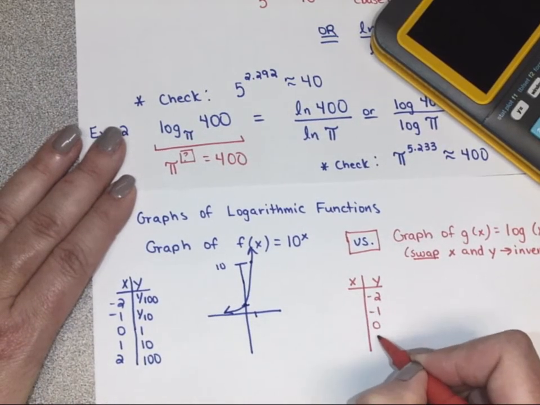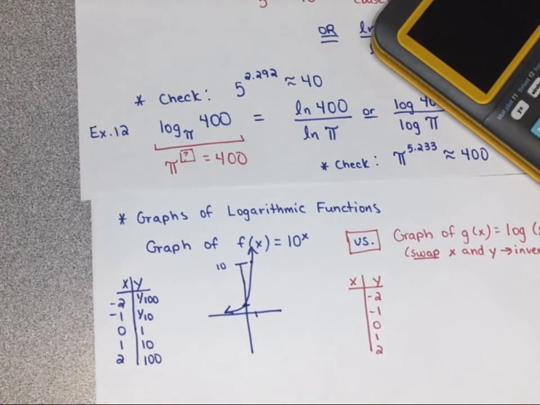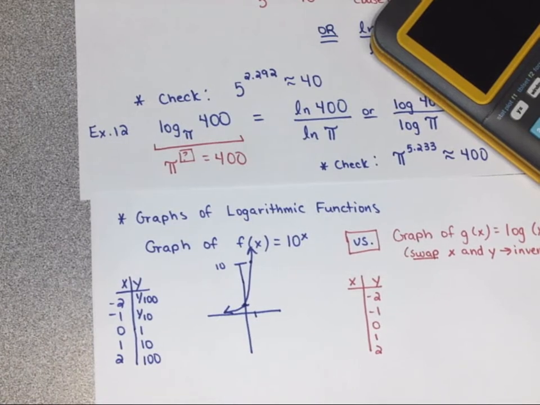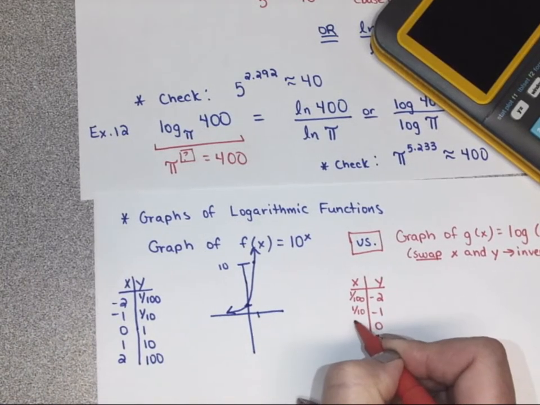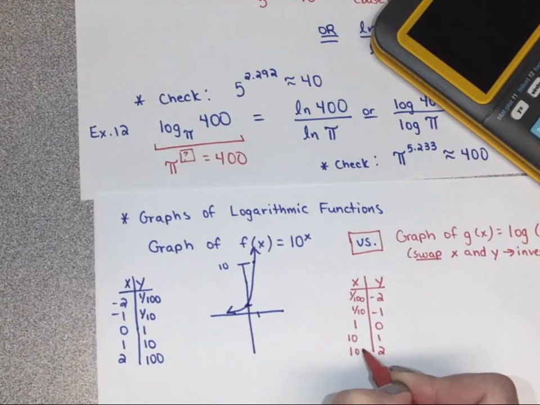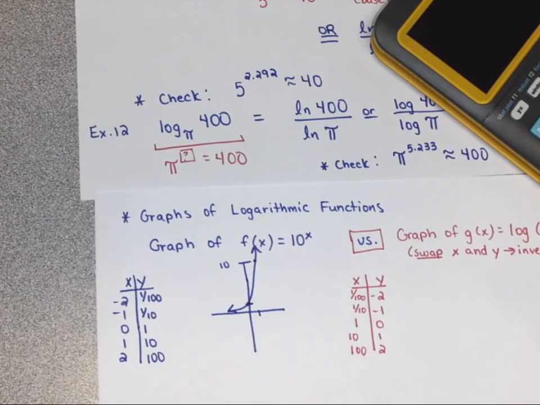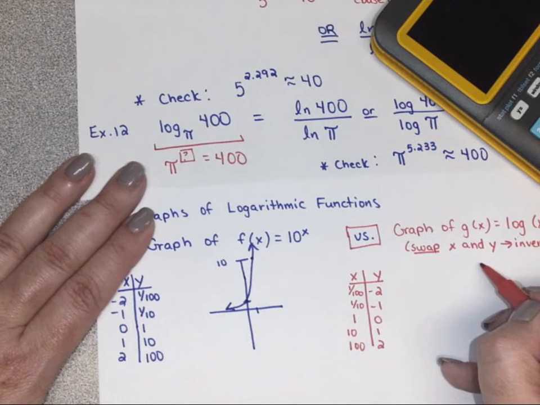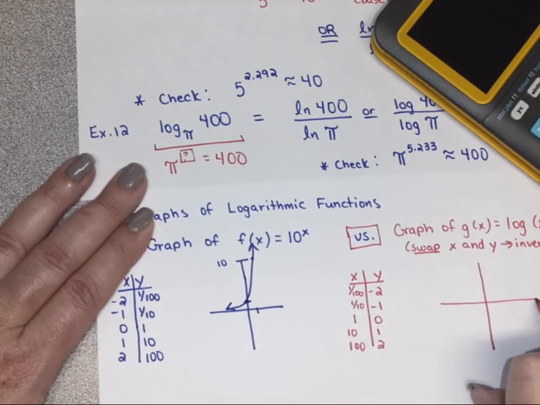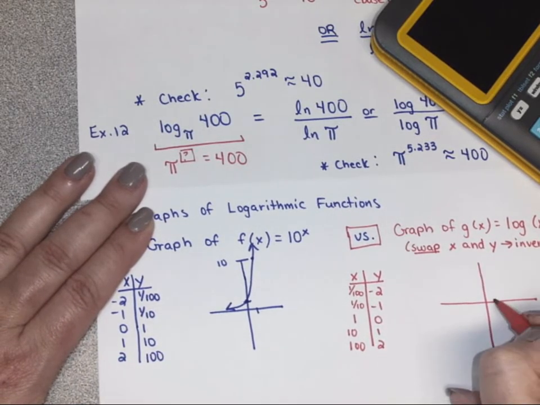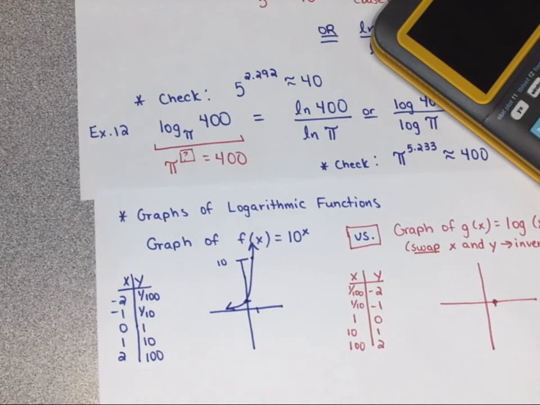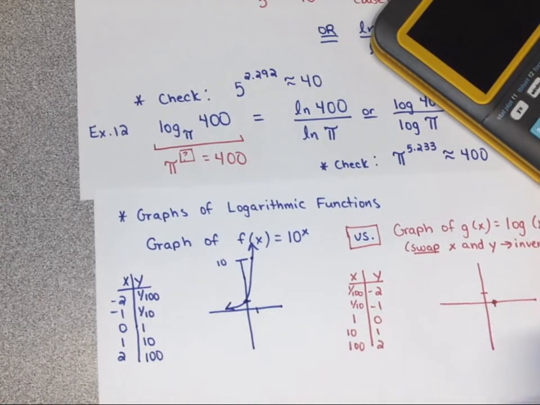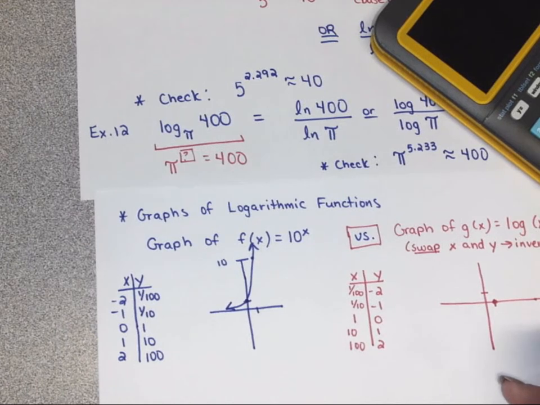So this is going to be -2 to 2. And these values are going to be the same, just switched. So when you go to look at what the graph looks like, it's going to go through 1, 0 instead of 0, 1. And then it's going to have the point 10, comma 1.